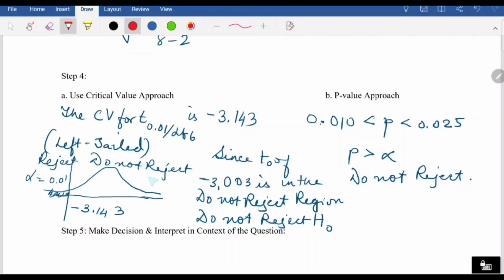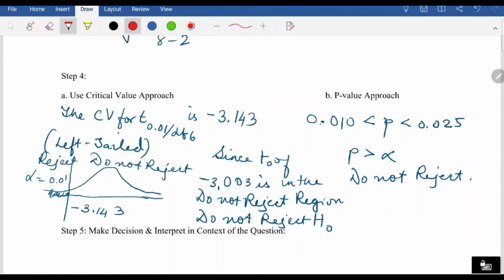The do not reject region is going to be on the other side, and the cutoff, that is the critical value of t of 0.01 with DF 6, is negative 3.143. Now, if you're using your table, then you will come up with a positive value. The table only gives positive values, but because it's a left tail test, it's going to be negative. So remember to put your negative sign, keeping in mind that you're performing a left tail test.